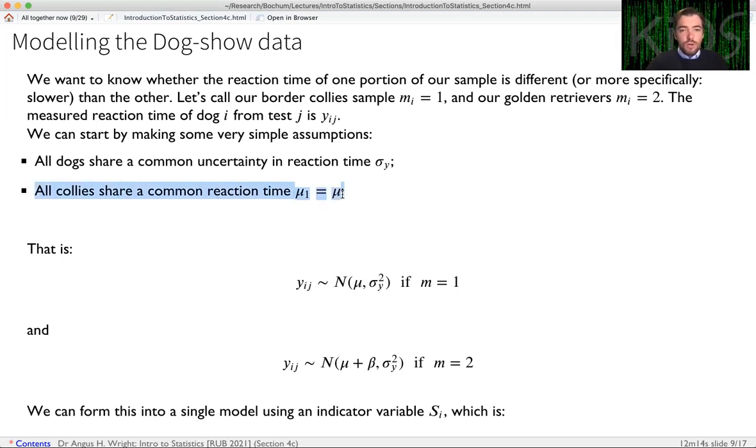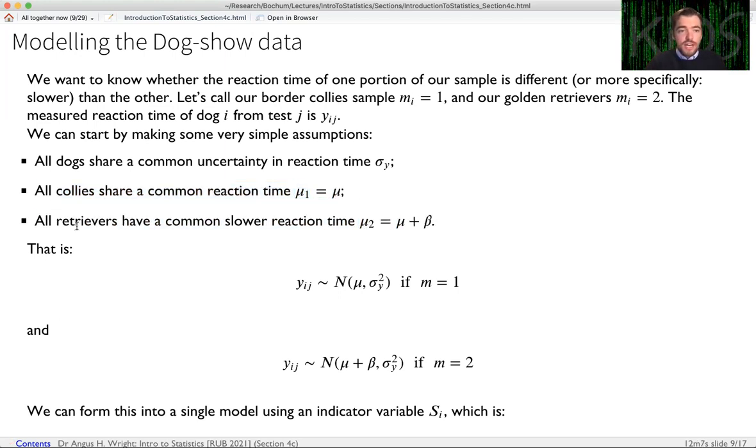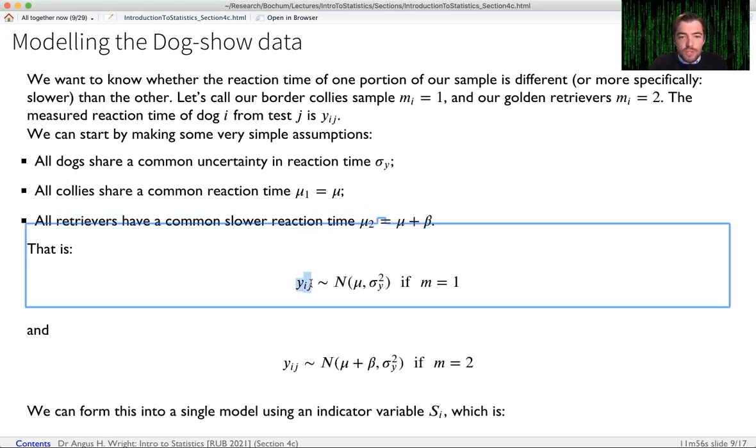We say that all collies share the same reaction time, mu, and all retrievers have a common reaction time, but our model is that they are slower by some factor beta.